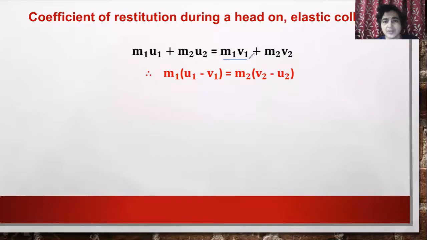This term m1 v1, suppose it is taken to this side. So m1 u1 minus m1 v1 will be equal to m2 v2 minus m2 u2. And then taking m1 common, m1 times u1 minus v1 will be equal to m2 times v2 minus u2.